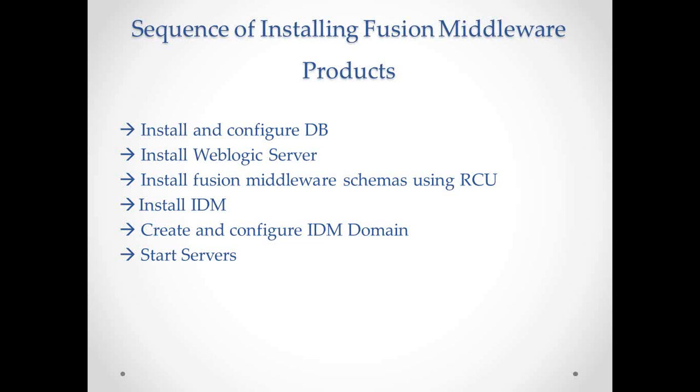If we are installing SOA, then we create the SOA schemas in the database using RCU. For IDM, similarly, we create the IDM schemas. When the domain is configured and the installation and configuration is done, we go ahead and start the servers and start using them.